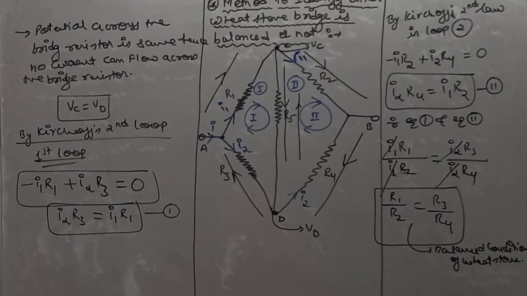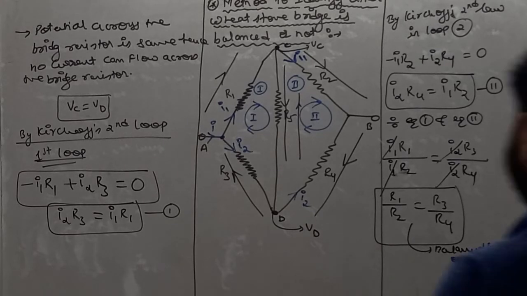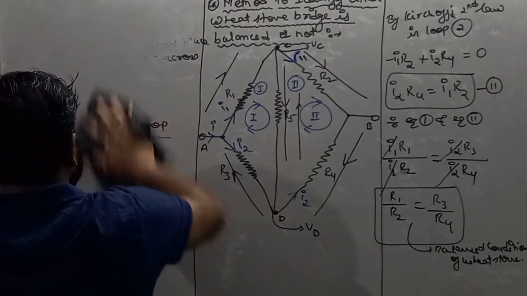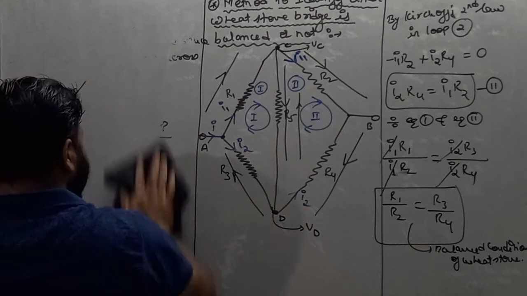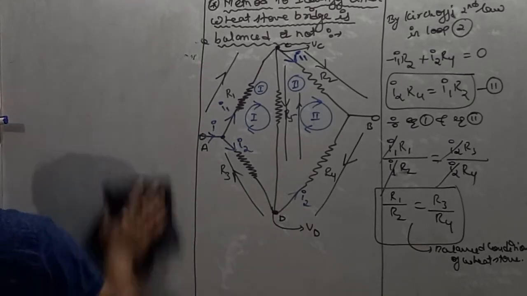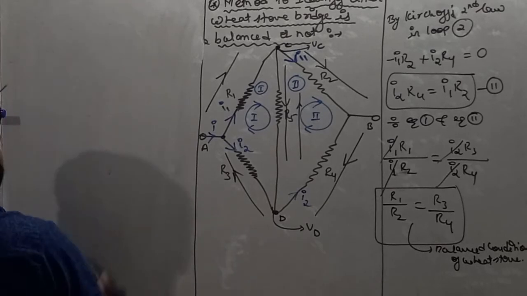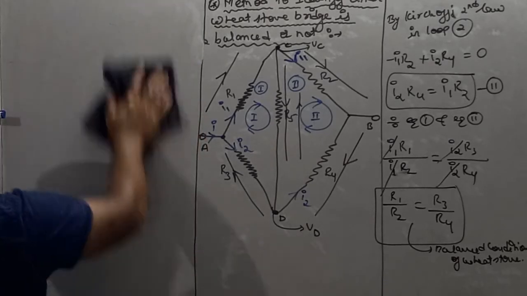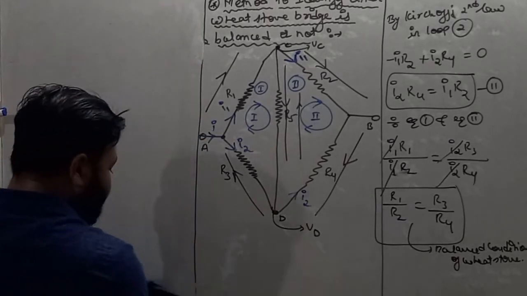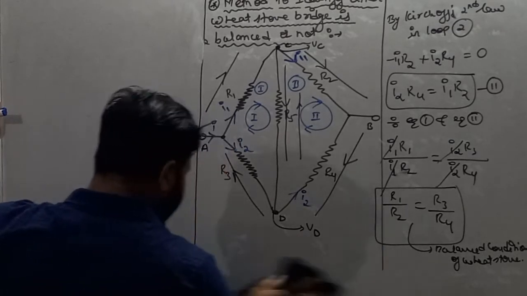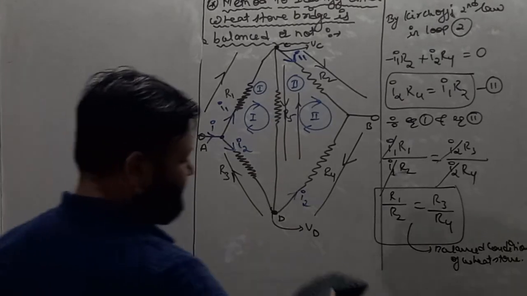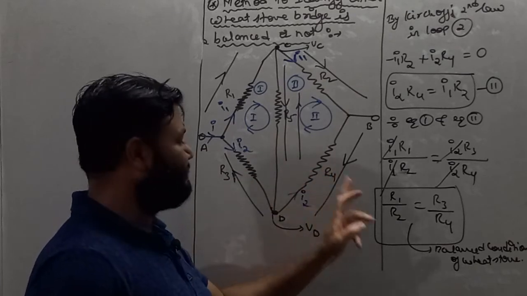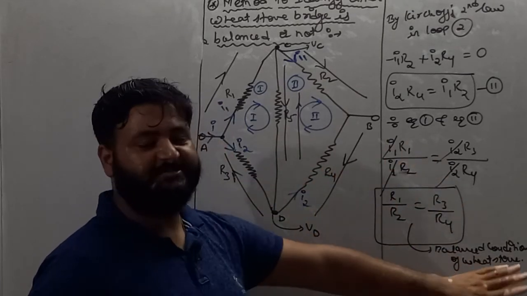If the ratio of these two resistors and the ratio of these two resistors become the same, then we'll say the Wheatstone bridge is balanced. So write down the note: if R1 by R2 is equal to R3 by R4, then we will consider the Wheatstone bridge to be balanced.